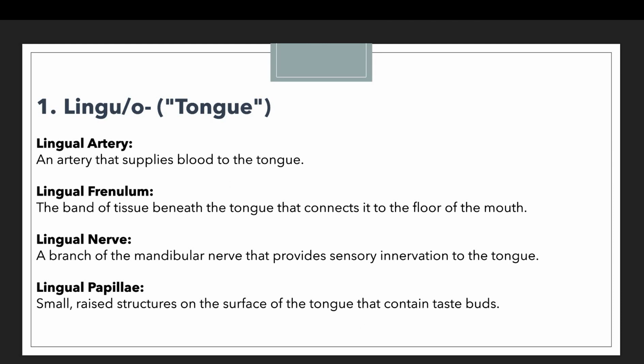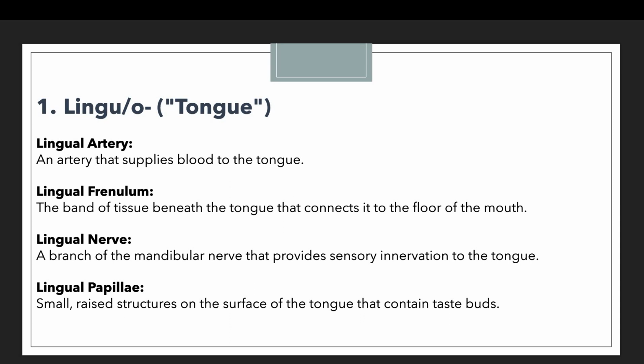Likewise, the second example is lingual frenulum. What is lingual frenulum? The band of tissue beneath the tongue that connects it to the floor of the mouth. If you look at your tongue, there is some tissue beneath it, right? Those tissues help the tongue connect with the mouth floor.